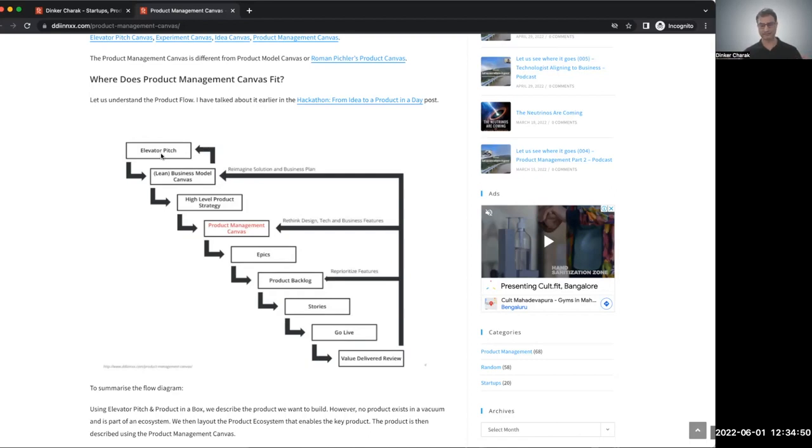Based on that model, you would come up with a very high level product strategy: in order to accomplish this business, these are the 2-3 products that I need to build. And this is the value that I expect from each of these products.